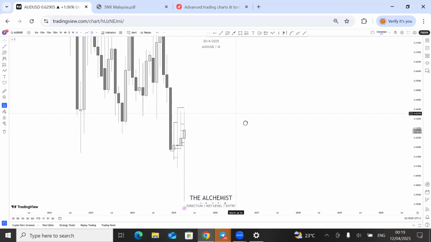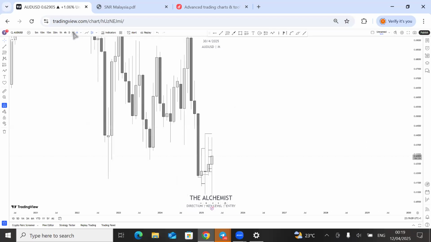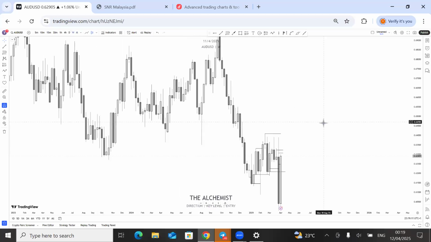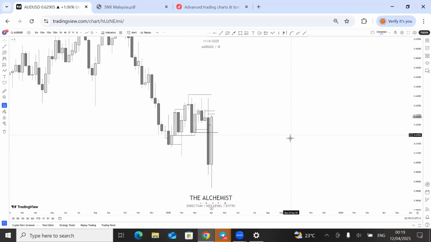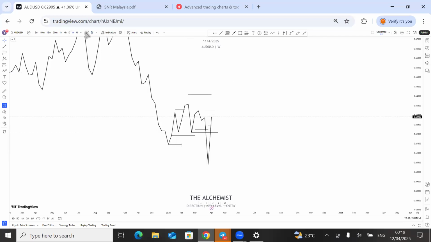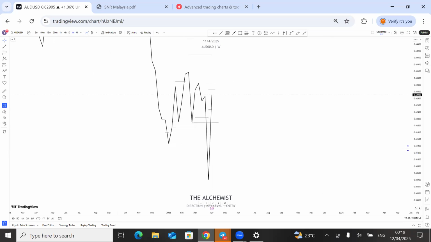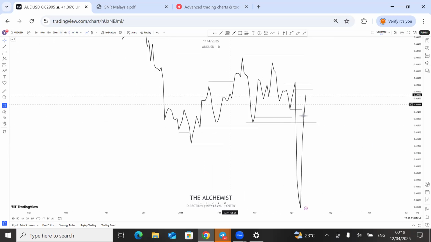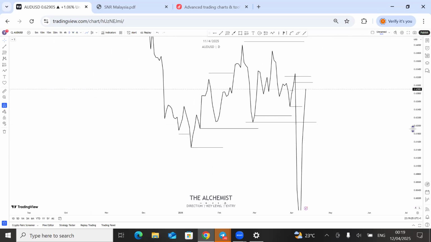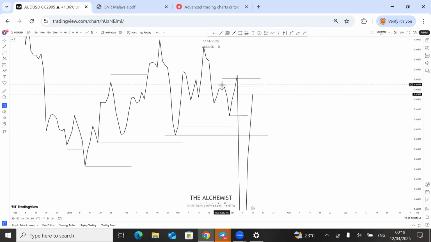Weekly, okay, this is the month, sorry. Weekly. The main line chart. I think this weekly high is not that clear. All right, here we have this sweep, this break of structure, sweep downside.